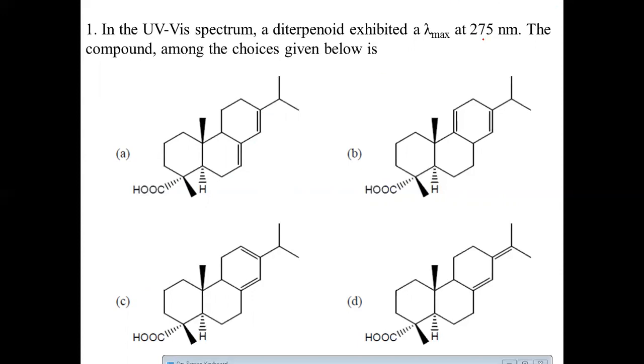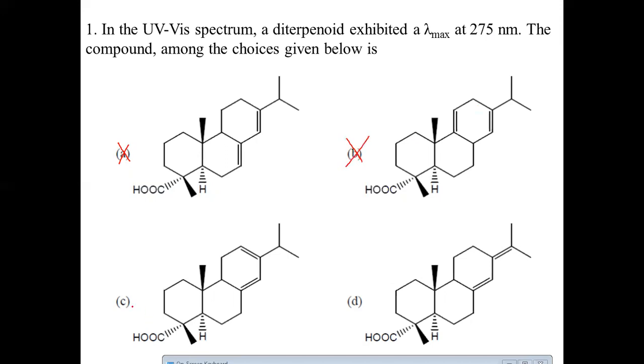But here it is 275, so this may not be possible. Next, when you come to option B, here you have 2 double bonds, but they are not conjugated. There is a break in the conjugation. So here again, it is not possible.